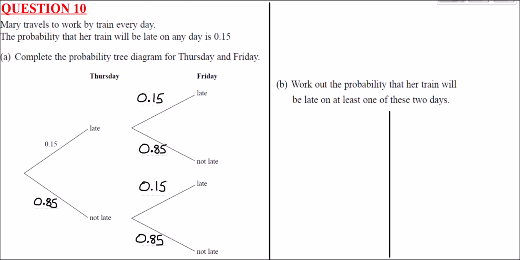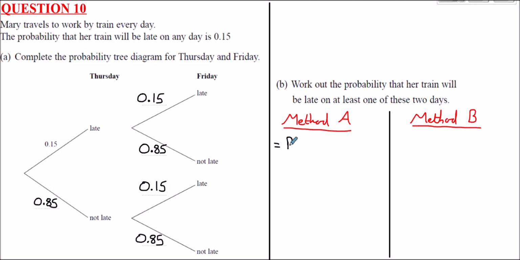So I'm going to call it method A, and then method B. So think about method A. Probability of her train being late on at least one of these 2 days.